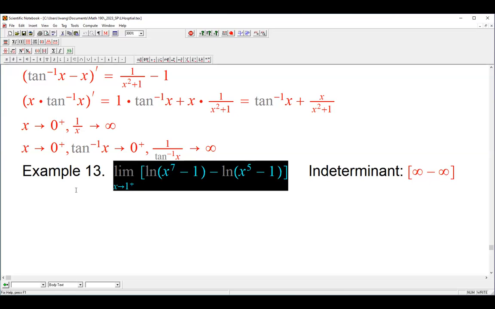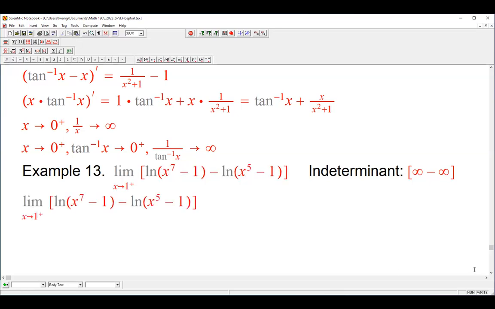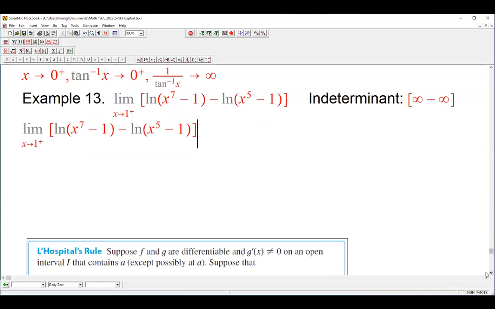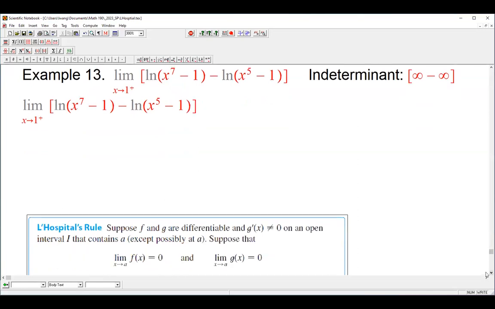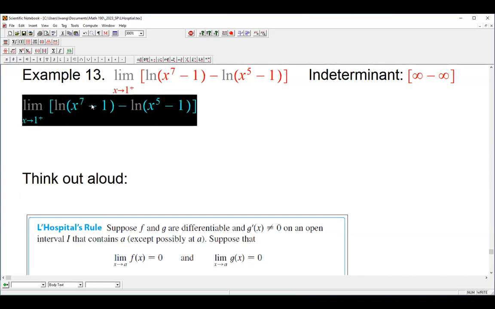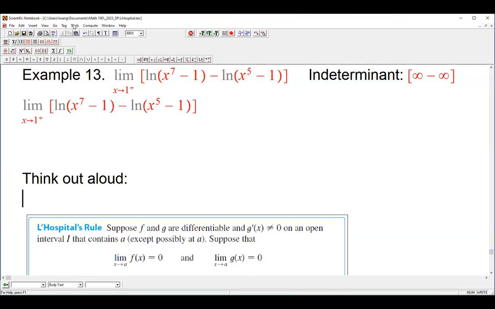So how can we resolve this issue? We can't apply limit law because either one doesn't have a limit. This one is approaching negative infinity, this one is approaching negative infinity, right? So think out loud. This limit, okay, so what I'm going to show you.